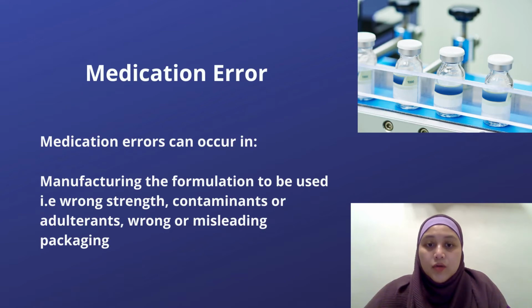Medication error could also occur during manufacturing process of the drugs. This can be wrong in terms of formulation or wrong strength, contaminants or adulterants, wrong or misleading packaging. So these are considered as error in medication as well.